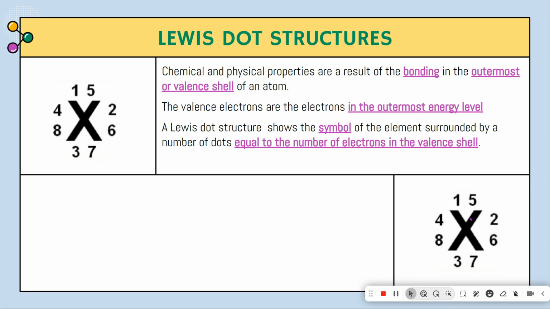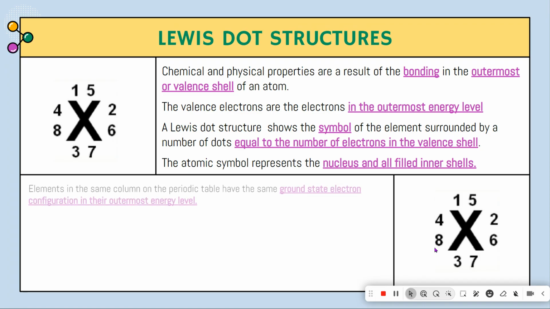So this is kind of like the element symbol in a box, and we're going to put 1 electron on each side of the element symbol, and then we'll add a second electron. That's going to become really handy when it comes time to talk about bonding. The atomic symbol represents the nucleus and all of the filled inner shells.